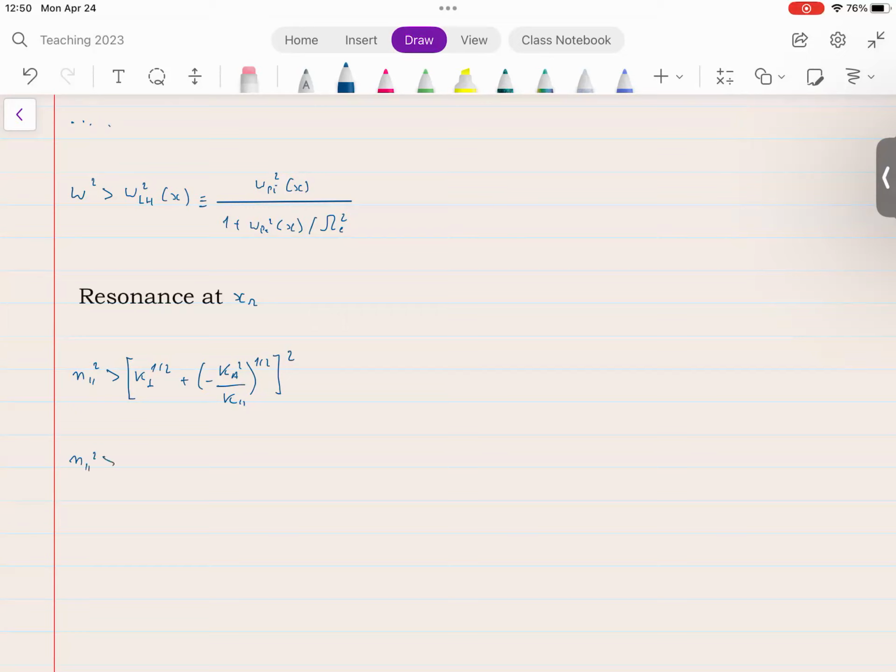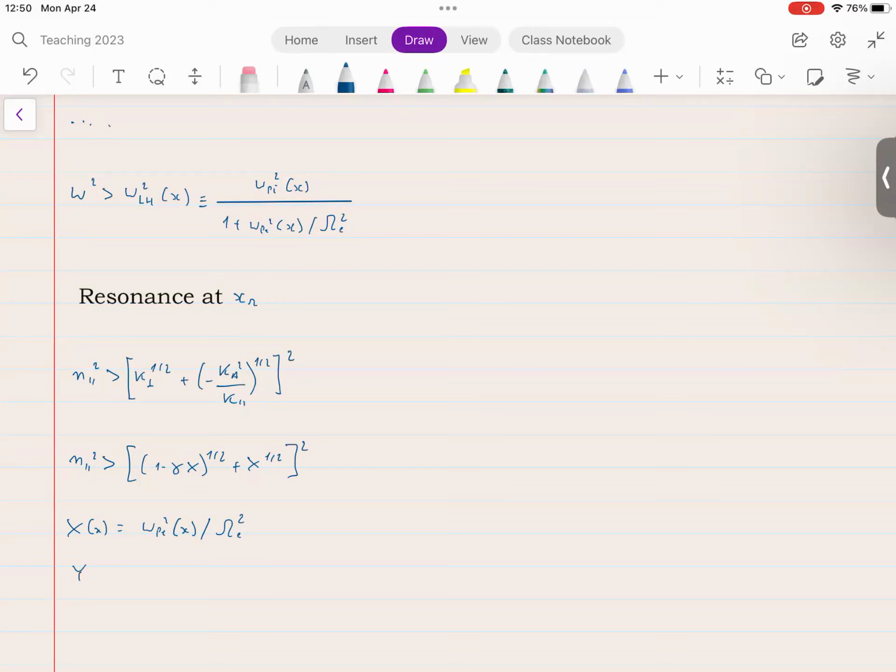Okay, n parallel square must be larger than 1 minus gamma x to the 1/2 plus x to the 1/2, everything square, where x, function of position, is omega plasma electron square, again function of position, over omega e, which I'm assuming constant.